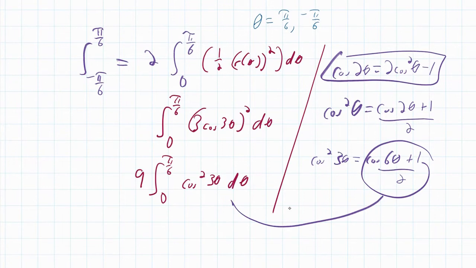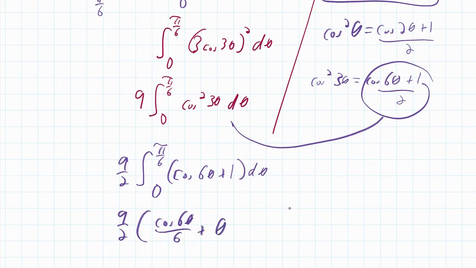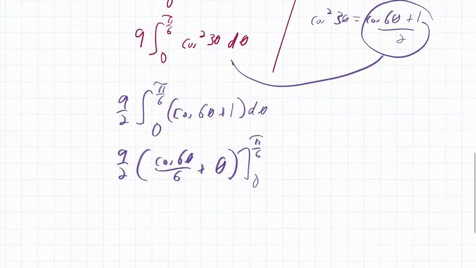I'm going to pull out the 1/2 and get 9/2 times the integral from 0 to pi over 6 of the cosine of 6 theta plus 1 d theta. As an integral now, I get cosine of 6 theta over 6 because of reverse chain rule, plus a theta evaluated from 0 to pi over 6.